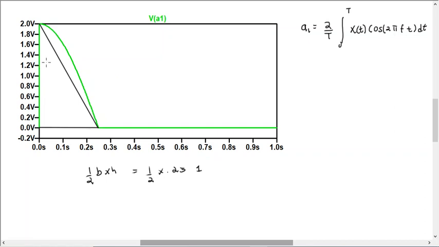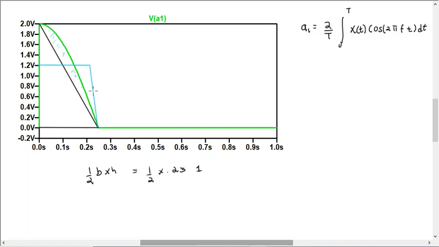You could also try to put a rectangle here. What I'm trying to do is, in the first one, the triangle's area is smaller than the shape, so there's this error here.